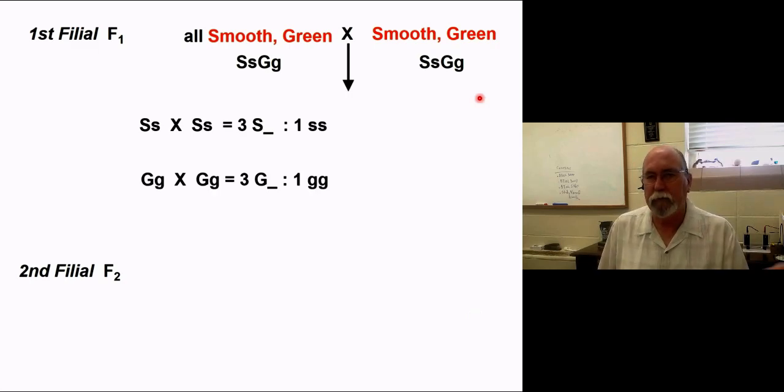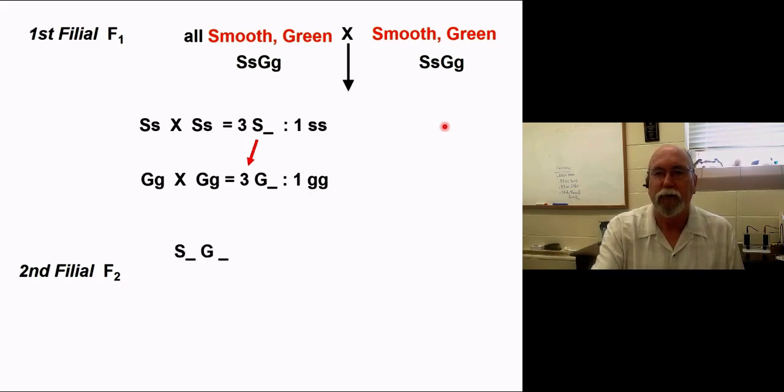By the product rule, we simply can multiply them together. What that means is we can take this one and put it together with that one, keep the numbers, and multiply those numbers together to figure out what we're going to get, right? So genotypically, that's going to give us big S, little s, and all that, right? But big S blank for our purposes phenotypically, and big G blank, we're going to get some of those.